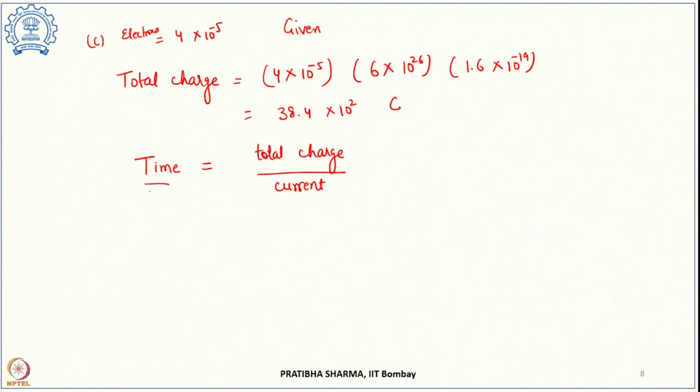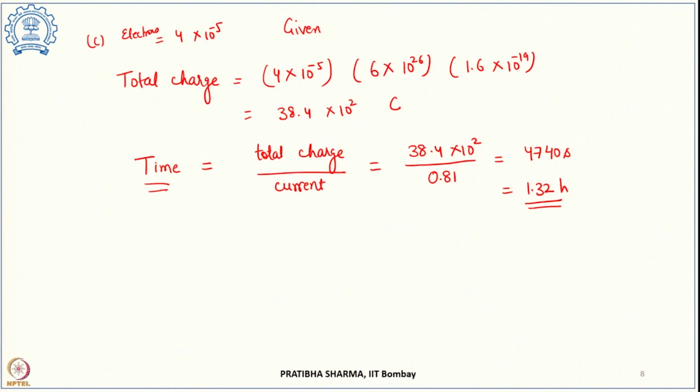From there we can find out the time, and this is 38.4 into 10 raised to power 2 coulombs, and the current we found in the first part of this problem as 0.81 amperes, and that makes it 4740 seconds, or converting it into hours, 1.32 hours.